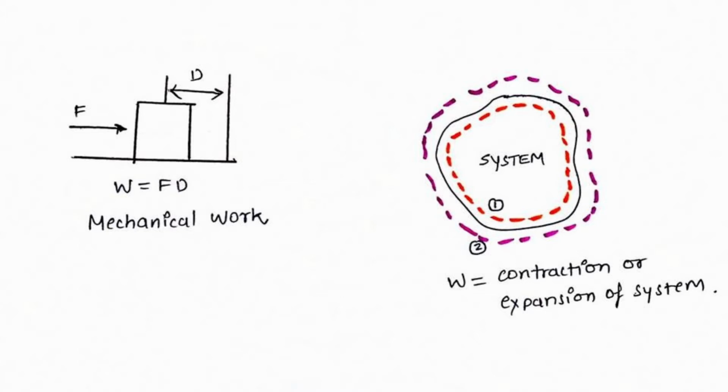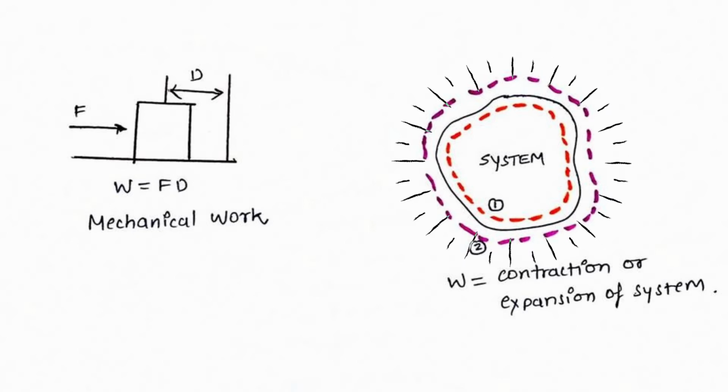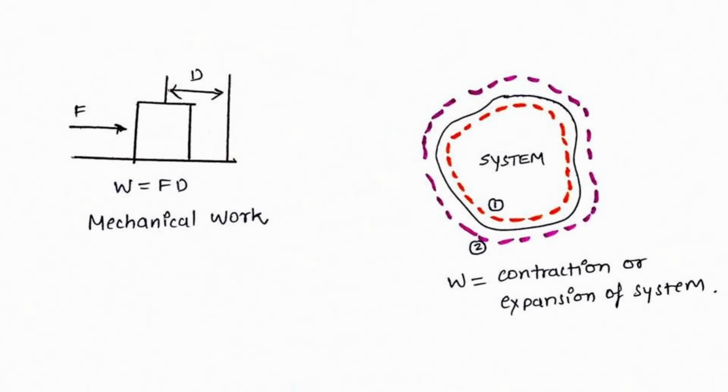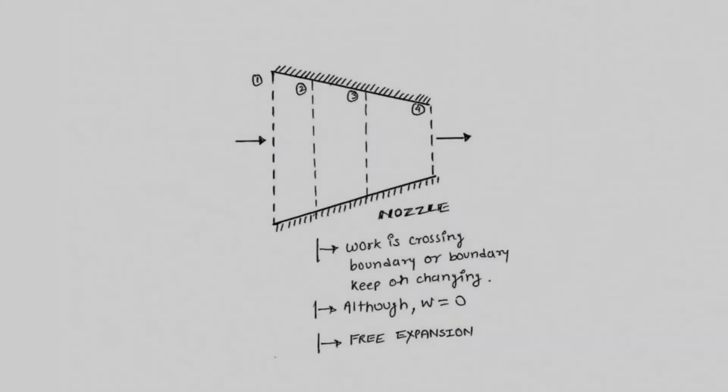So if there is any change in this system boundary, then we can say that some work transfer has occurred in this particular system. It can be contraction or expansion, it doesn't matter, but if the system boundary is changing, then we can conclude that work transfer has taken place.